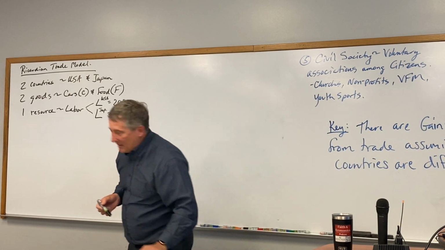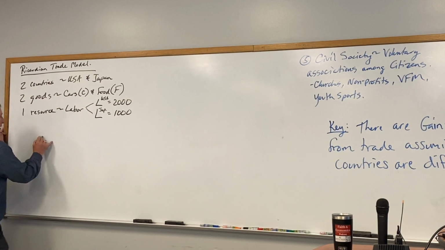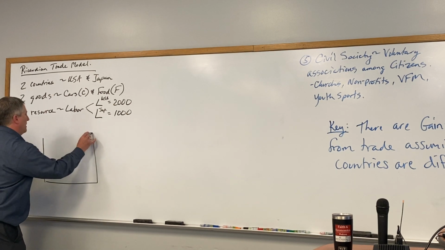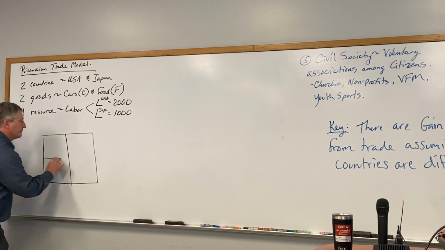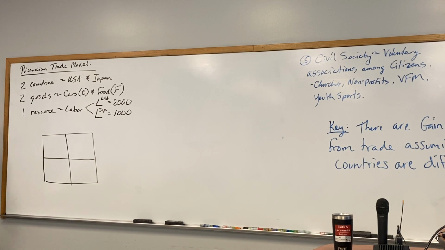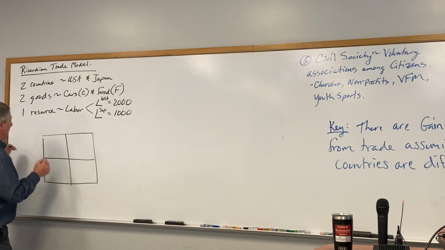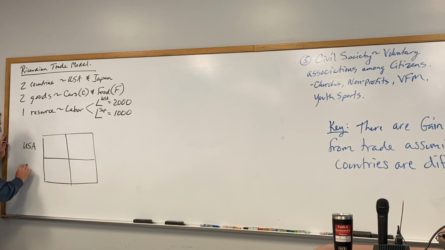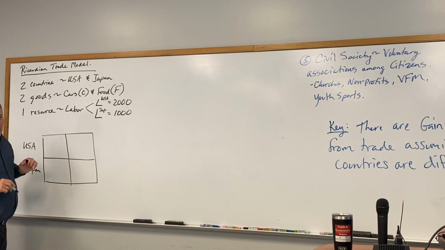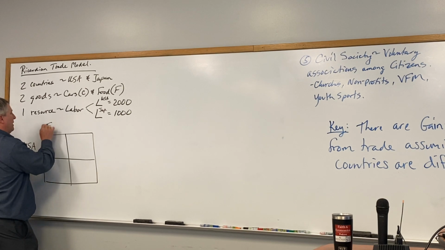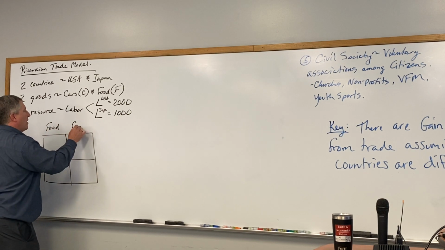All right, so that's what we're going to do here for our countries. We're going to make a little table. And so we're going to have the USA and Japan. And we're going to be measuring our food and cars.